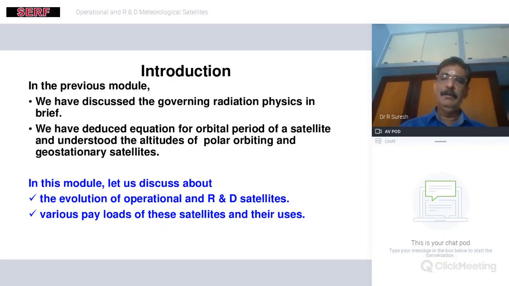We also deduced an equation for the orbital period, by means of which we will be estimating the polar orbiter's orbital velocity and the height of geostationary satellites, because a geostationary satellite orbits at the same rate as that of Earth.